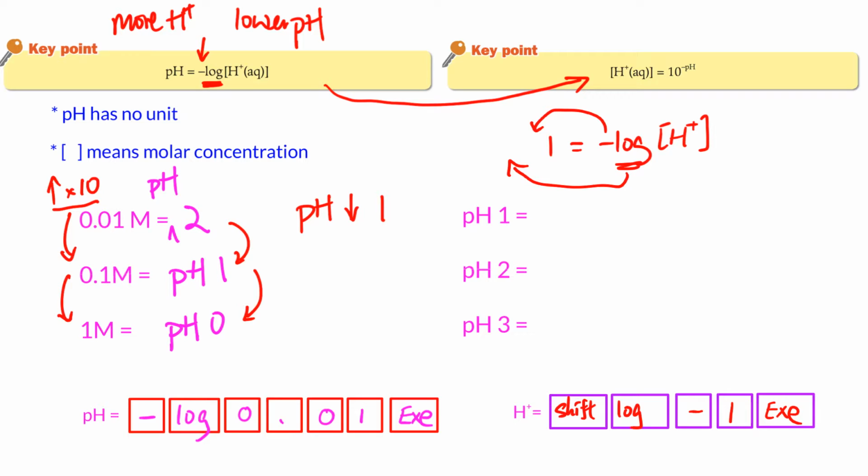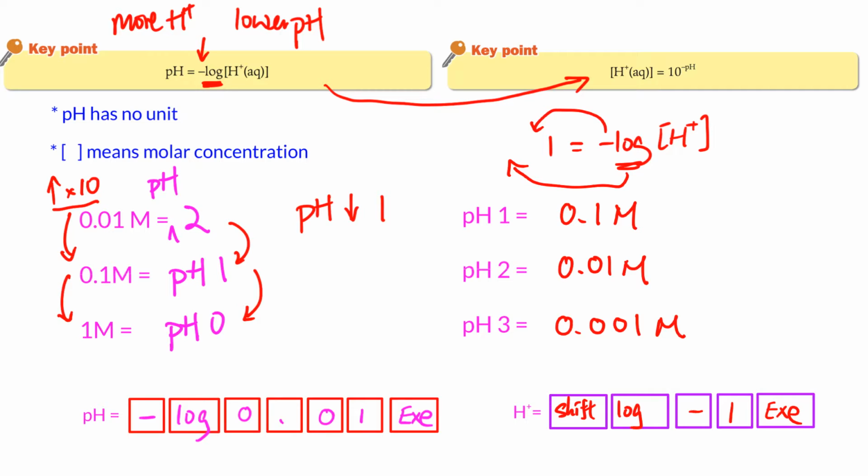So this is how you input the data in your calculator. For pH 1, you'll find that it will be 0.1 molar, or pH 2 will be 0.01 molar, and pH 3 will be 0.001 molar.